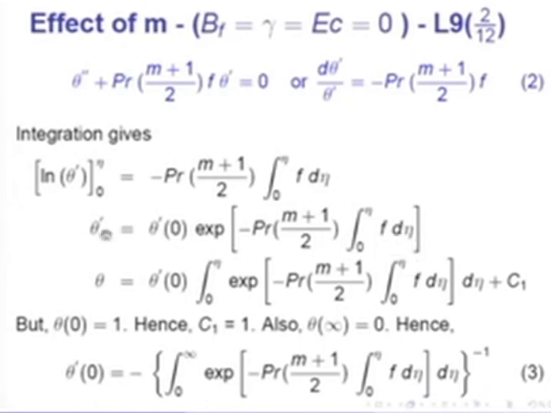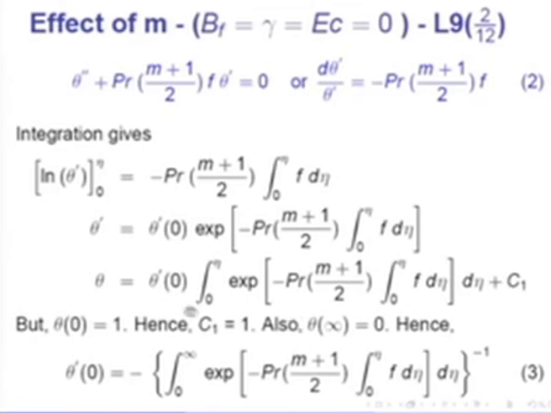If I integrate this equation once again, then I get theta equal to minus theta prime 0 times the integral from 0 to eta of the exponential of this quantity d eta, plus a constant of integration C1, which I discover firstly from the boundary condition theta 0 is equal to 1. If I set eta to 0, the integral contributes nothing, and theta 0 being 1, I get C1 equal to 1.